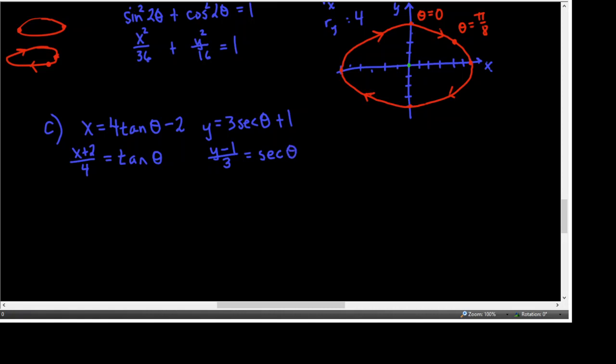Then I hope that you came up with the identity, one of the Pythagorean identities: tangent squared theta plus 1 equals secant squared theta.